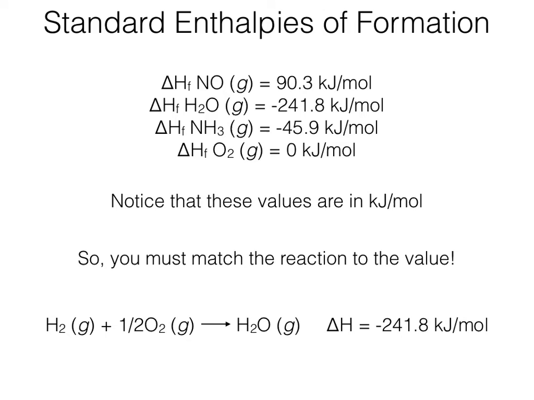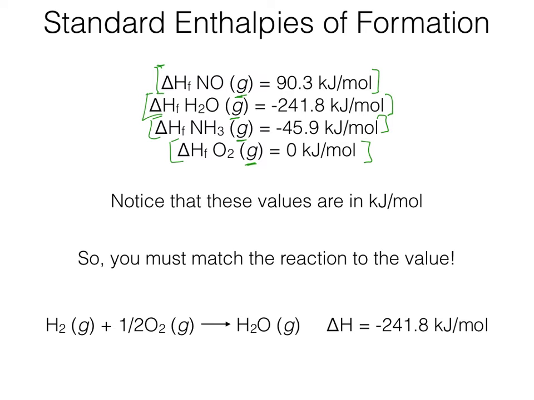Before we do that, notice the values in the table. This is just a selection from your table, where we have nitrous oxide, water gas, ammonia gas, and oxygen gas. The states of these materials are really important, because you're going to have a different enthalpy of formation for a liquid than for a gas.